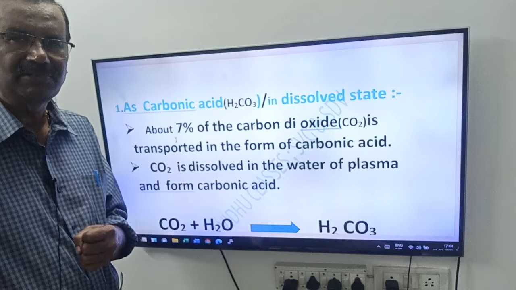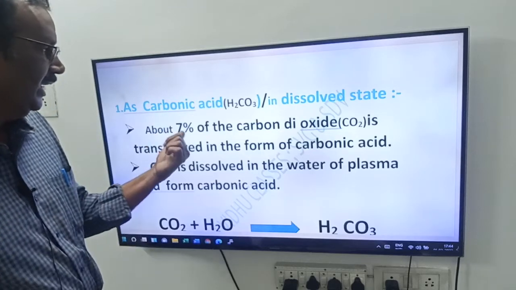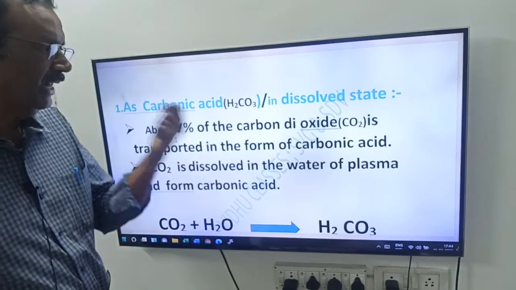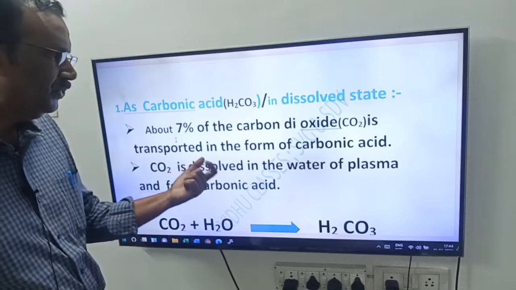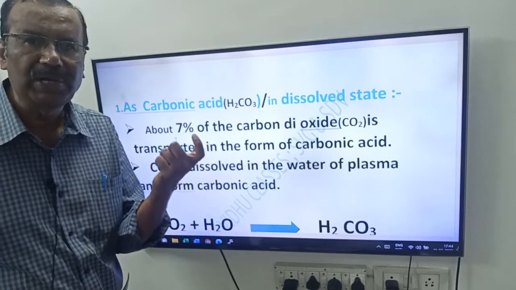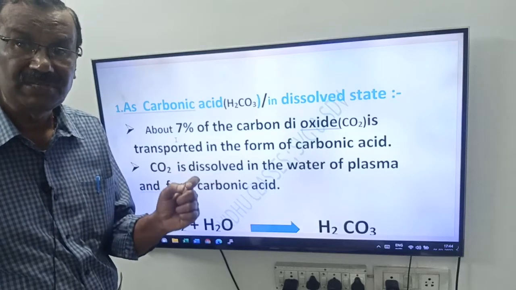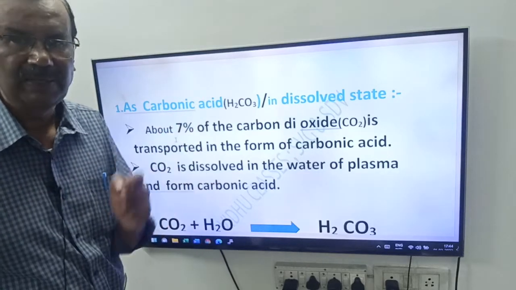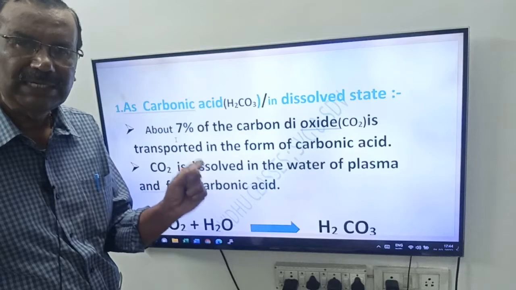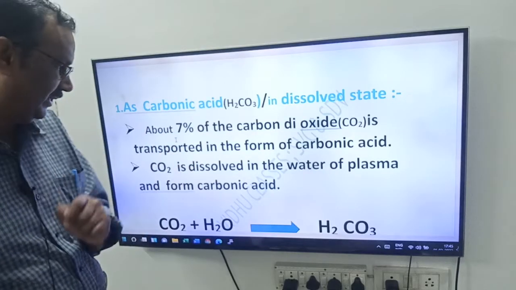About 7% of the carbon dioxide is transported in the form of carbonic acid.